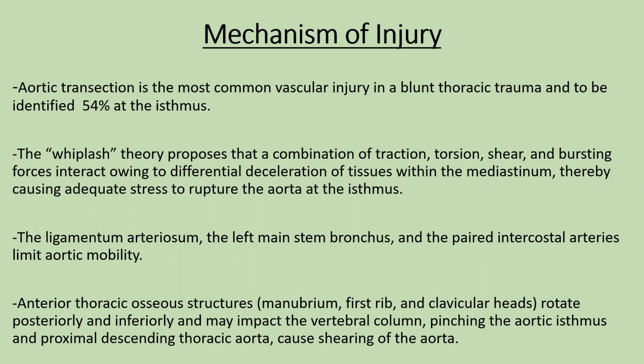Anyway, aortic transection is the most common vascular injury in blunt thoracic trauma and is identified 54% at the isthmus. The whiplash theory proposes that a combination of traction, torsion, shear, and pushing forces interact owing to differential deceleration of tissue within the mediastinum, thereby causing adequate stress to rupture the aorta at the isthmus.